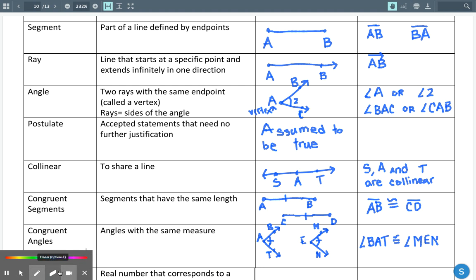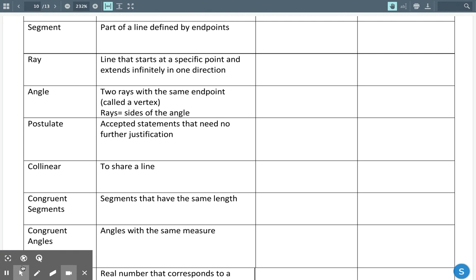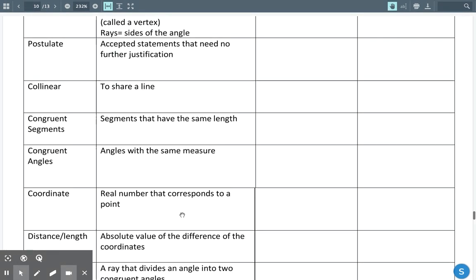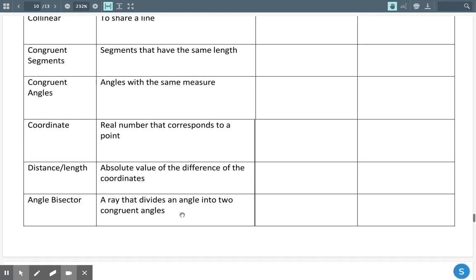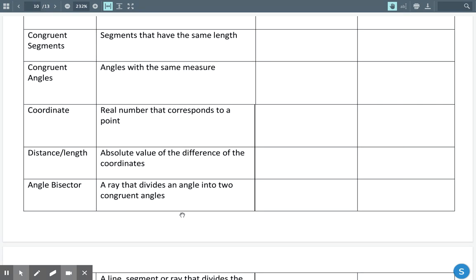We do have one more to do. So I'm going to go ahead and scroll down here. Okay, so the last term that we have for today is coordinate. And you'll hear this a lot. You should already know the word, but we'll review it.